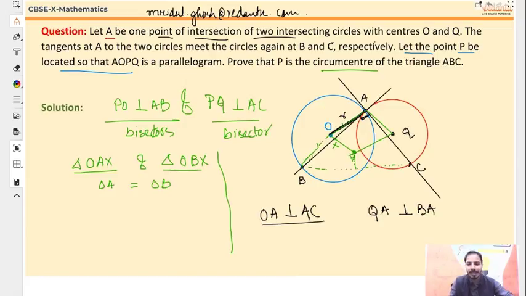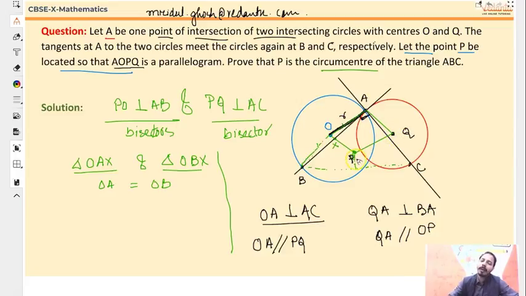Now, I will just tell you, OA is parallel to PQ because AOPQ is a parallelogram. See, this green one is a parallelogram, right? And here also QA is parallel to OP, this is P. So these two are parallel.